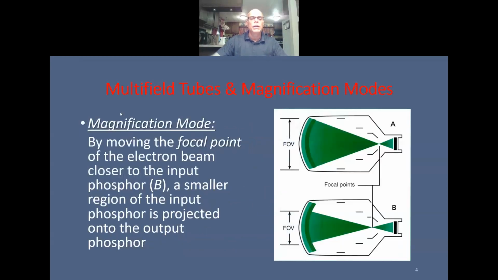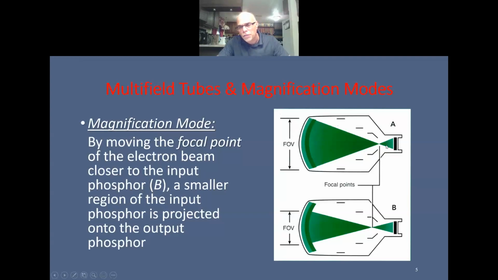Okay, and here it tells you how this happens. In the magnification mode, by moving the focal point, this is your focal point right here. This is where these electrons are being focused into this bottleneck, and I'll tell you one thing, this side here becomes the opposite over here because they're forcing them in a straight line. It's pretty neat.